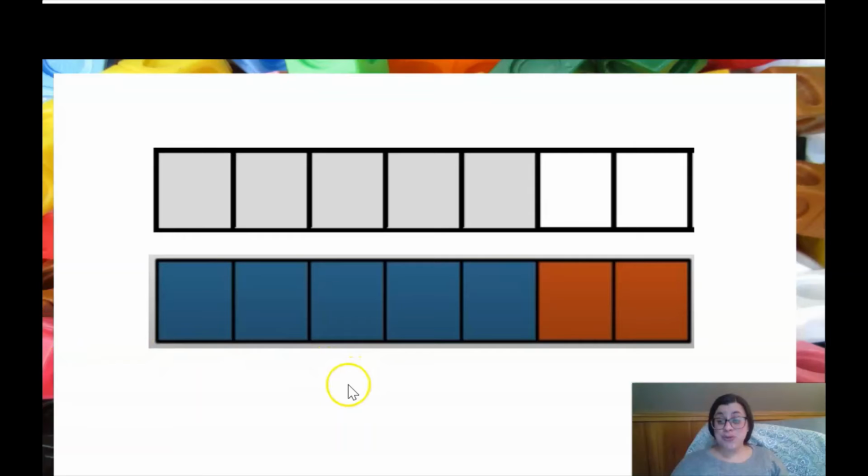I'm sure you were able to count these cubes and find out that this is a 7 stick too. Just because we changed the color doesn't change the length of these sticks. They're both 7 sticks, which means they're the same length.